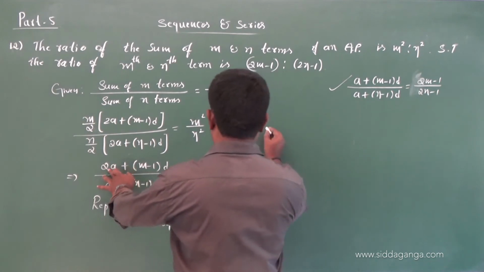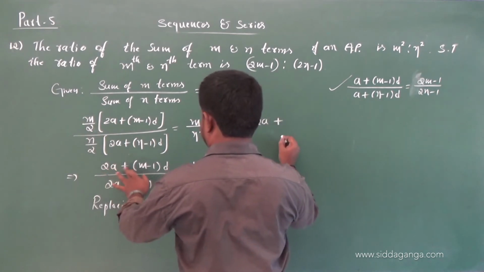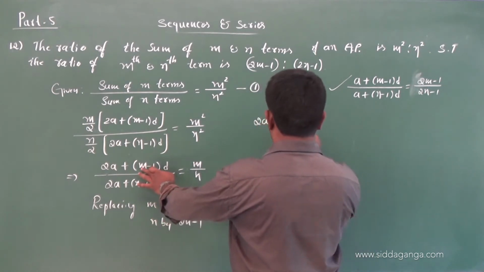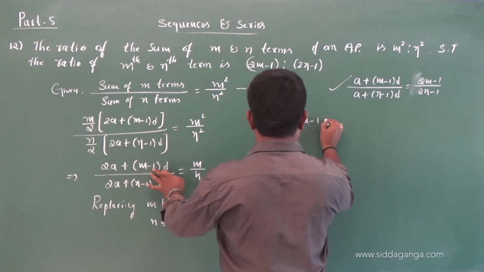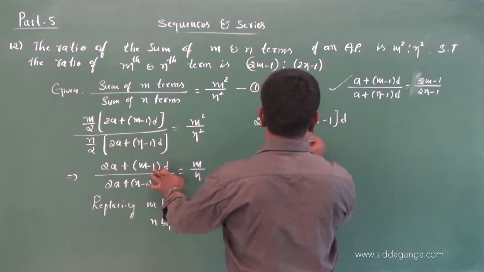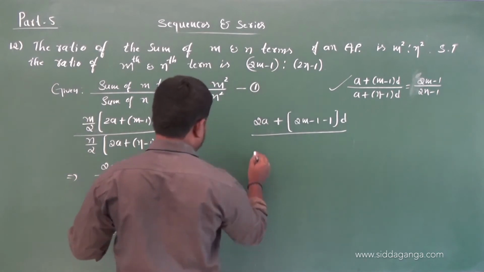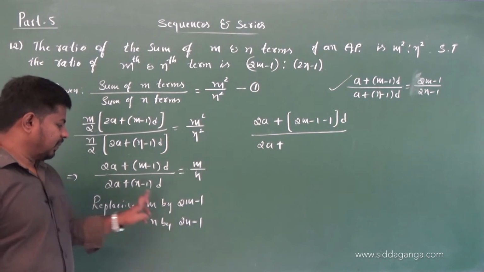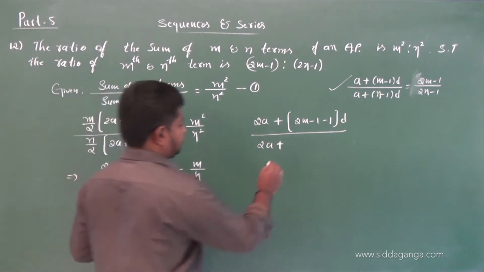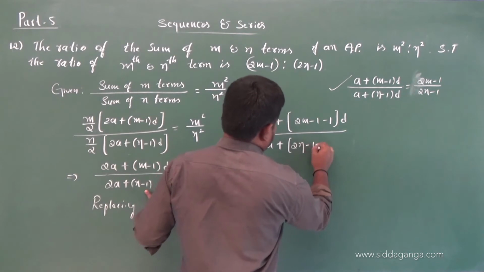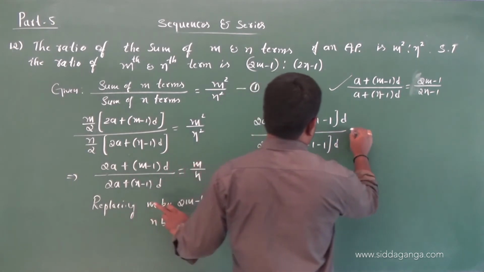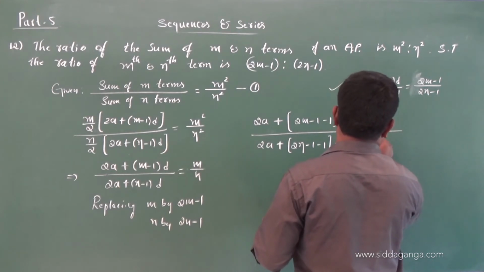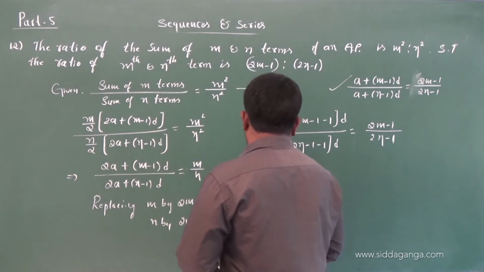Here 2a plus m minus 1, so I am replacing m by 2m minus 1, into d whole, divided by 2a plus n minus 1, where in place of n I replace 2n minus 1, so 2n minus 1 minus 1 into d, is equal to, again in place of m, 2m minus 1, and in place of n, 2n minus 1.